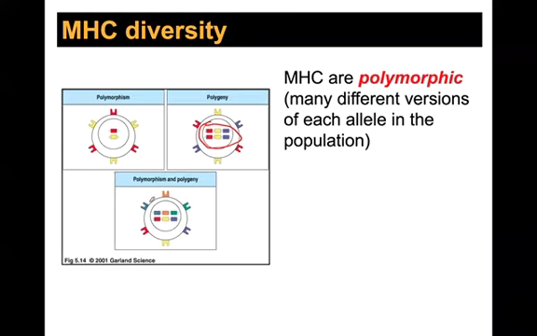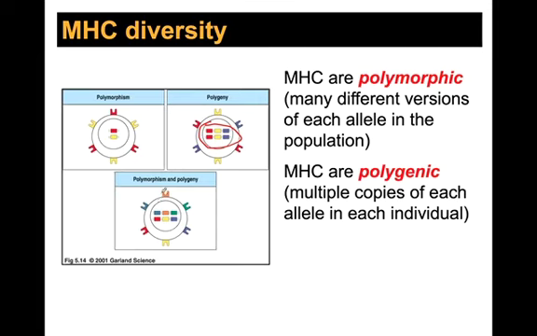And so in any individual, you have lots of different copies of the gene expressed. And in the population, there's lots of different versions of each of those copies, okay? And that ensures that at an individual level, you're very likely to be able to present something to a T cell. And at a population level, some individuals are for sure going to be able to present something to a T cell.